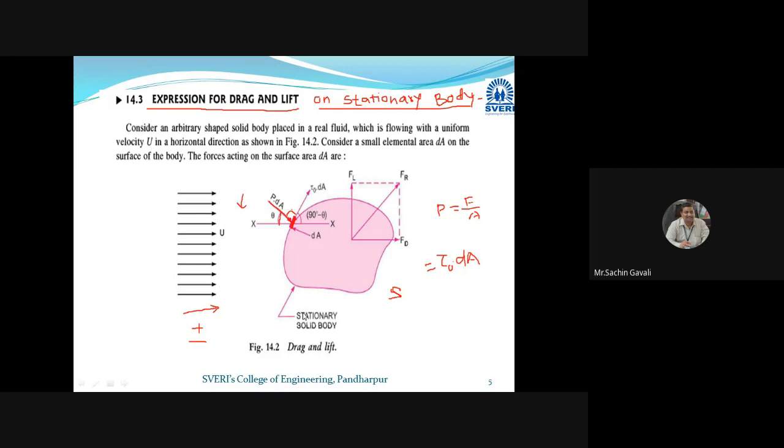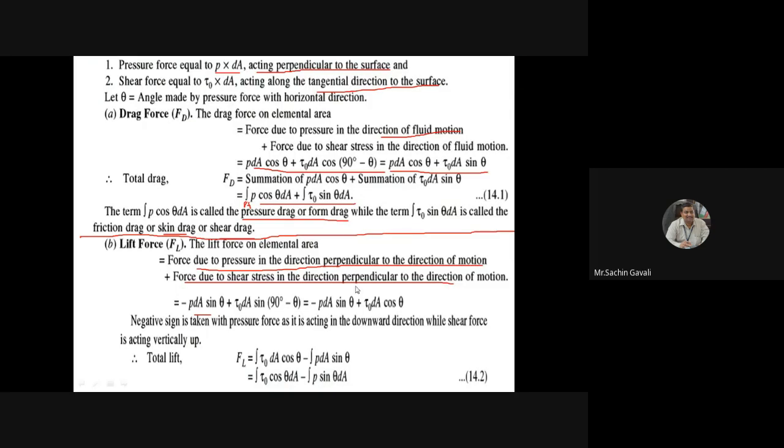Therefore, it should be considered positive. Sin 90 minus theta is equal to cos theta, and cos 90 minus theta is equal to sin theta. That we know from trigonometry.